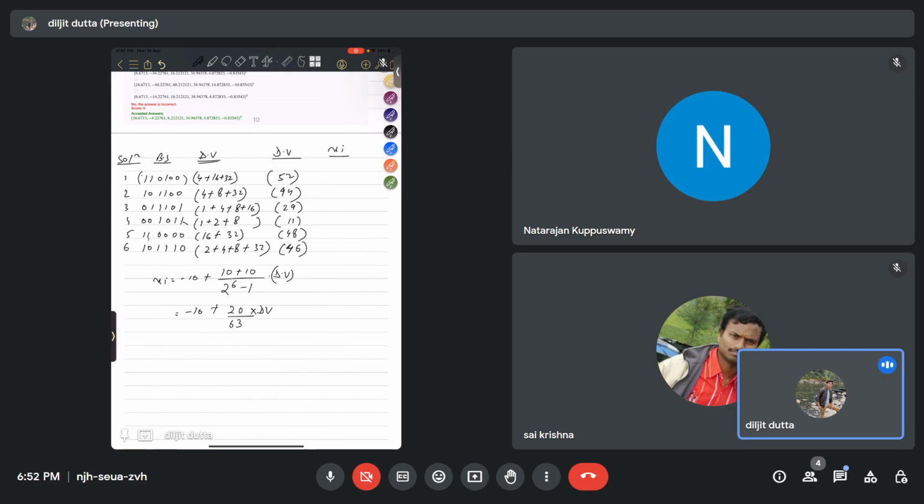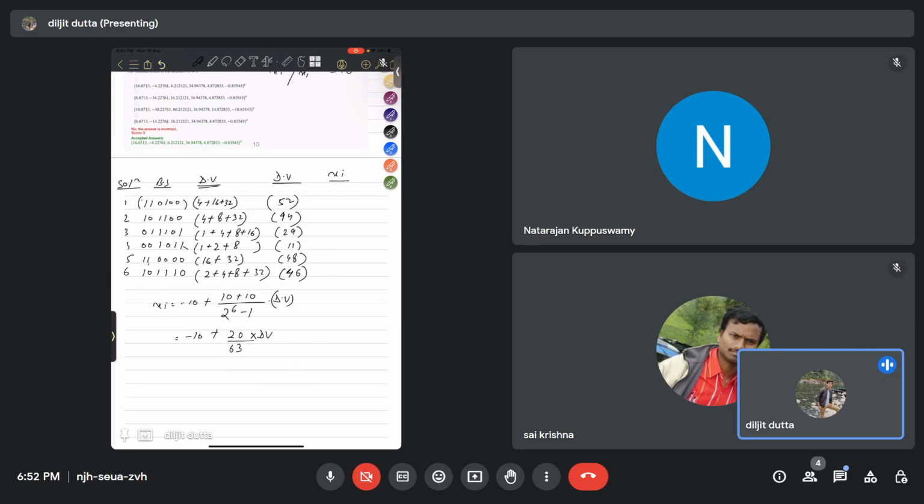Now for each decoded value, if we substitute, we will get the xi. For the first one it is 6.5. For the second one it will be 3.96. For the third one, minus 10 plus, it gives minus 0.79.